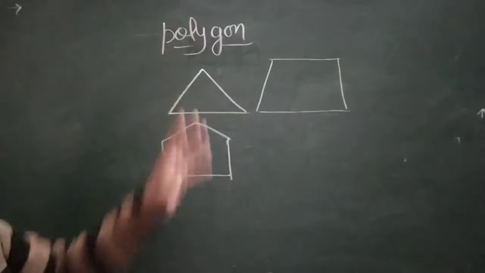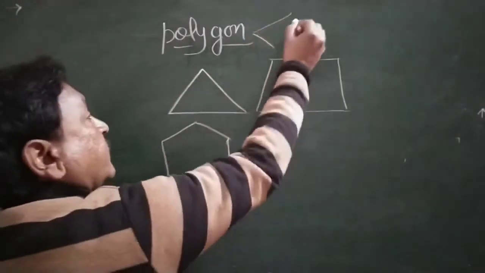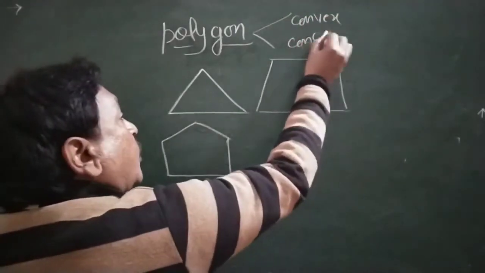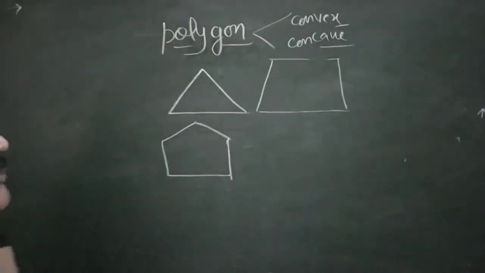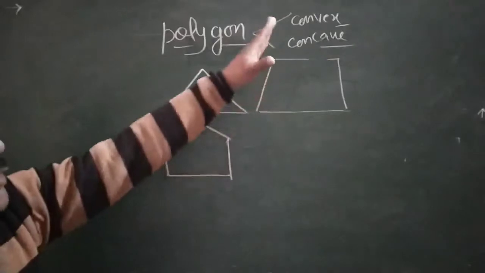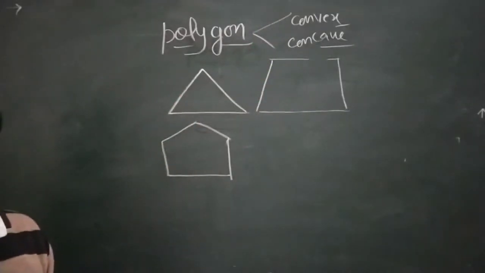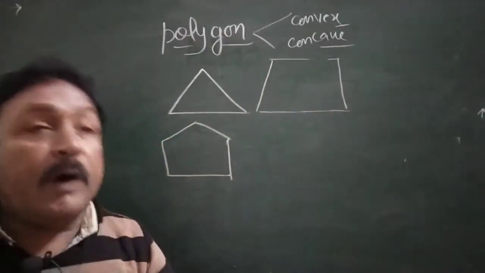If I talk about polygons, then I can say two things: convex polygons and concave polygons. What is the difference between convex and concave polygons? See, in convex polygons all the diagonals are inside the figure, but in concave polygons at least one diagonal will be outside the figure.